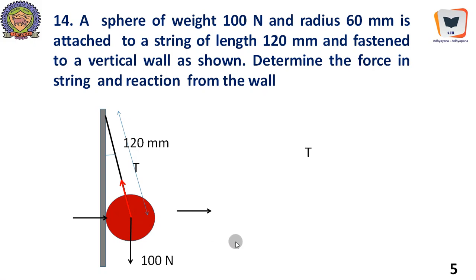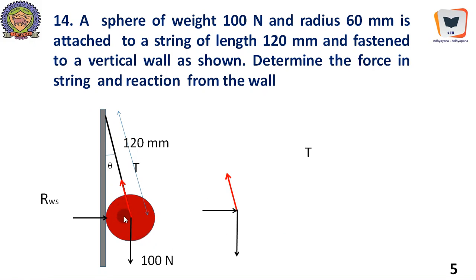That is the concept of free body diagram, which has been told maybe in the second tutorial. We will name this particular reaction as RWS, reaction from the wall towards the sphere. This is the tension in the wire, this is the weight, and this is the reaction from the wall. This angle can be computed by making use of the geometry of this arrangement.